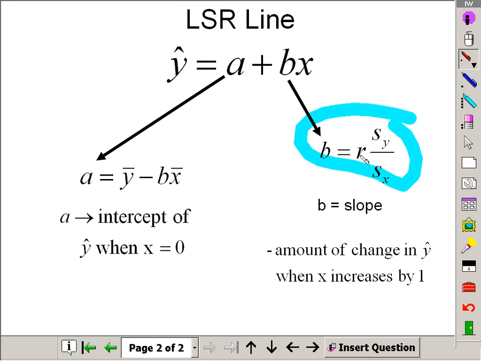And to do that, we're going to do correlation coefficient times SY over SX. Don't forget, again, slope is y over x, so it's still y over x times r. This is on the front page of your AP packet. This, again, is on the front page, second equation up.